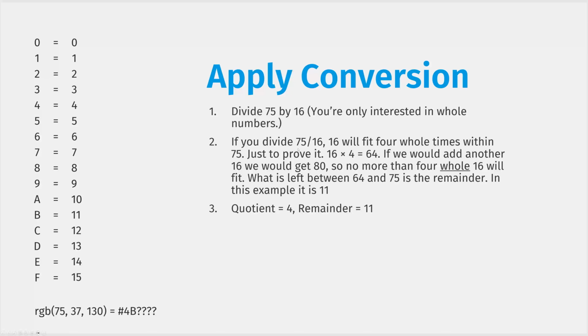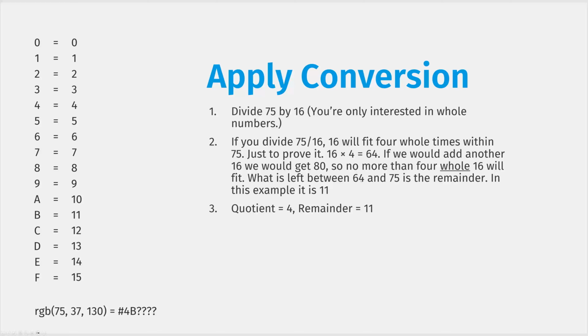If you divide 75 by 16, 16 will fit 4 whole times within 75. Try it out if you want to, you can take a calculator. Just to prove it, 16 times 4 is 64. If we add another 16, we would get 80, which is more. So no more than 4 whole 16s will fit.